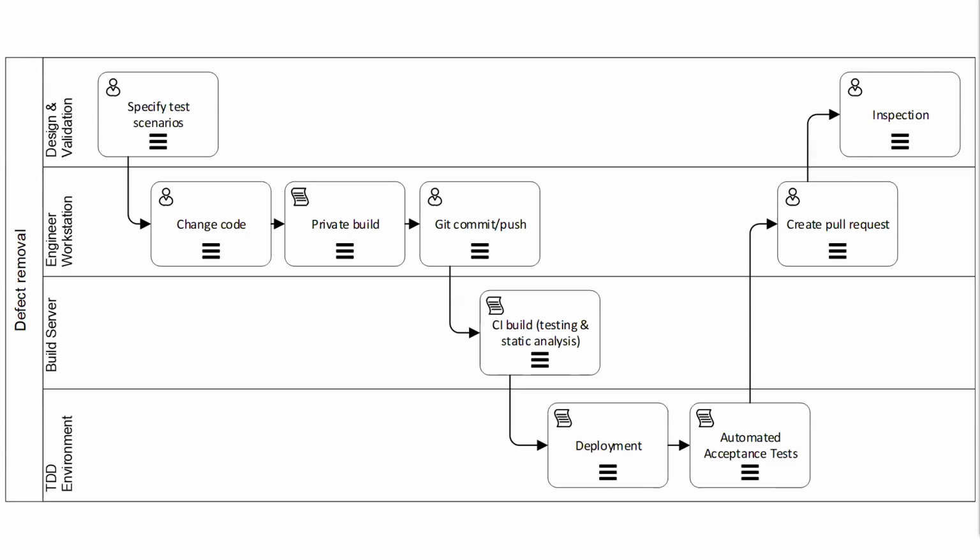In the design and validation step, those 4 columns ahead of coding, one of the design steps that really serves as a validation or a defect removal is that specifying the test scenarios column. Because if we don't have a clear concept of what it's doing, or if we don't have screen mockups or a clear understanding of how the screens are going to look or what technology patterns are in play, then we're going to have a really hard time coming up with the acceptance criteria or what steps to go through in order to test the finished product, because we're not going to have a clear understanding of that.